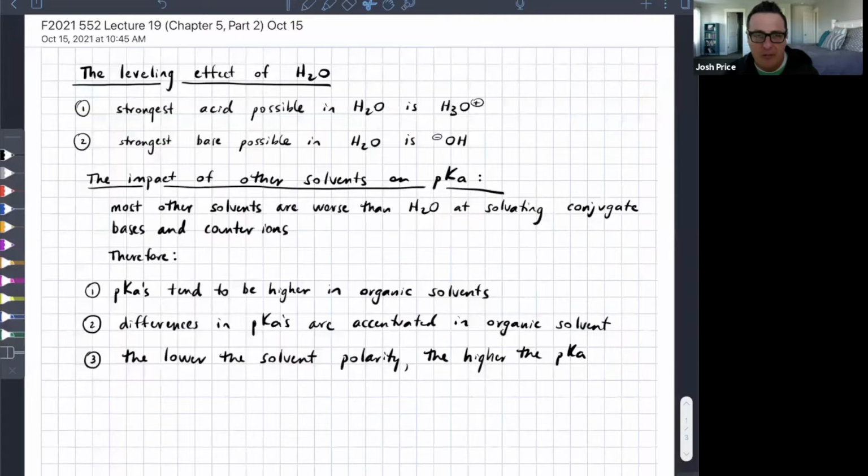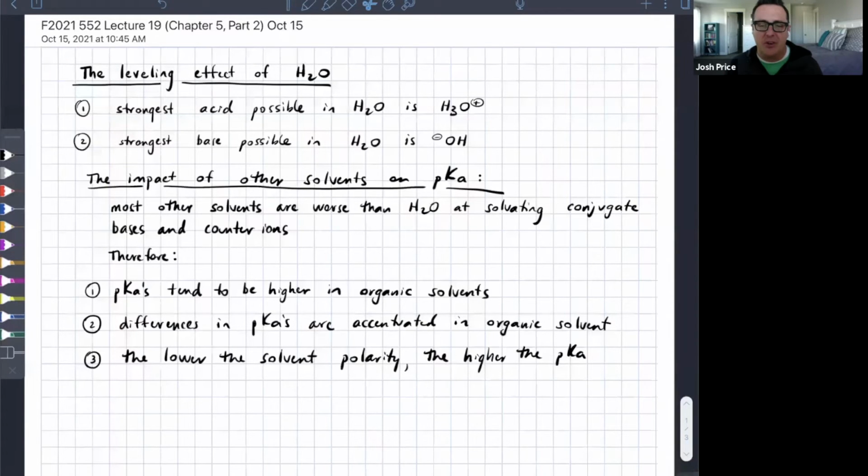And we had begun talking about the impact of other solvents on the pKa of any given acid. And the issue is that most other solvents, organic solvents, are worse than water at stabilizing charges. So they're worse at solvating conjugate bases and counterions. And because of that, pKa's tend to be higher in organic solvents. Acids tend to be weaker in organic solvents.